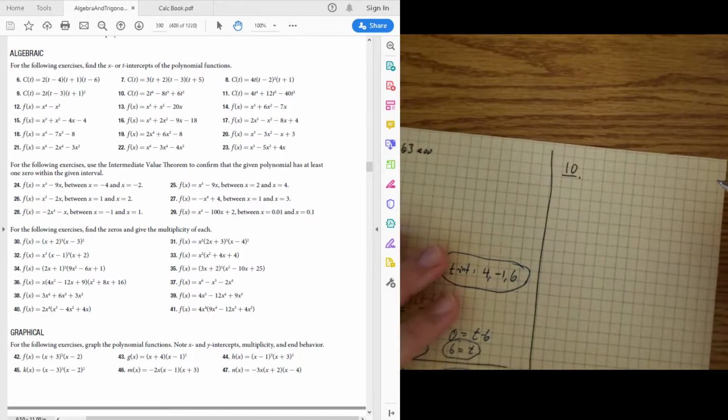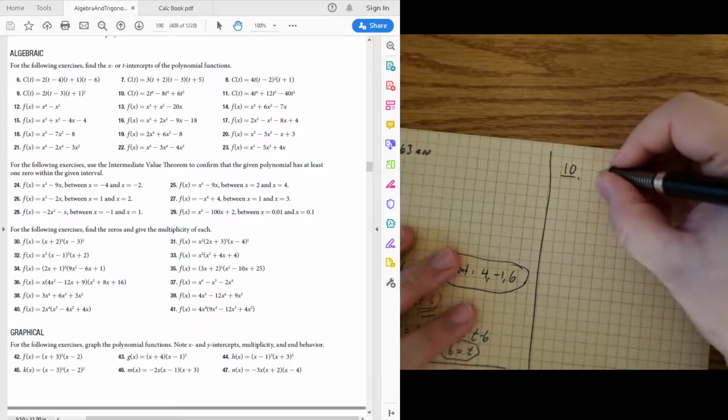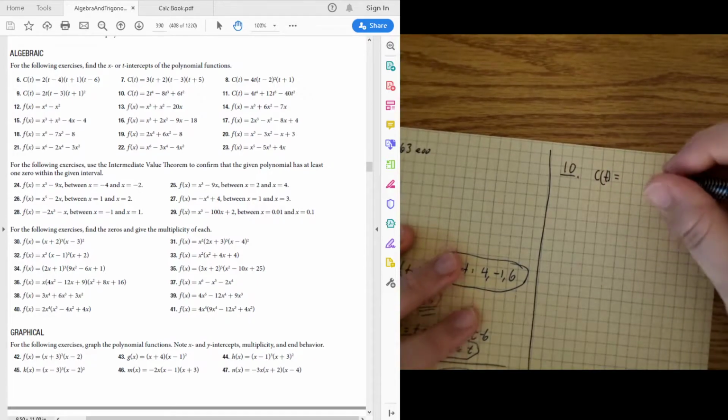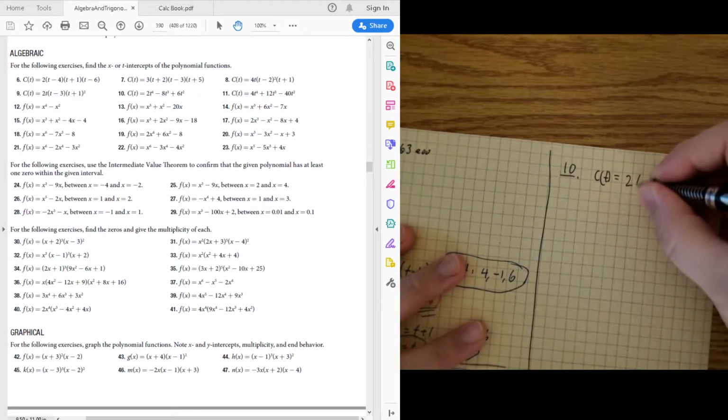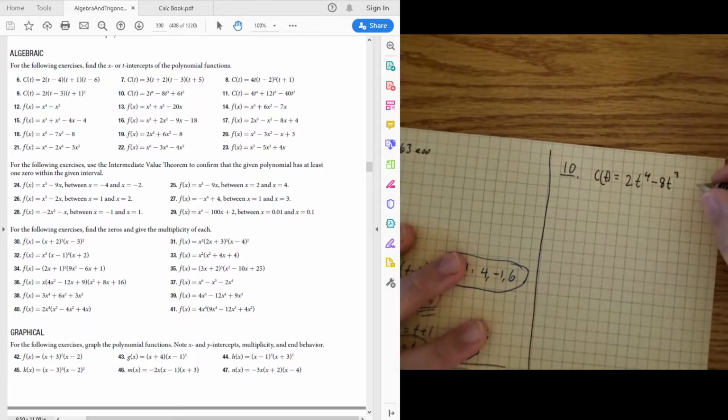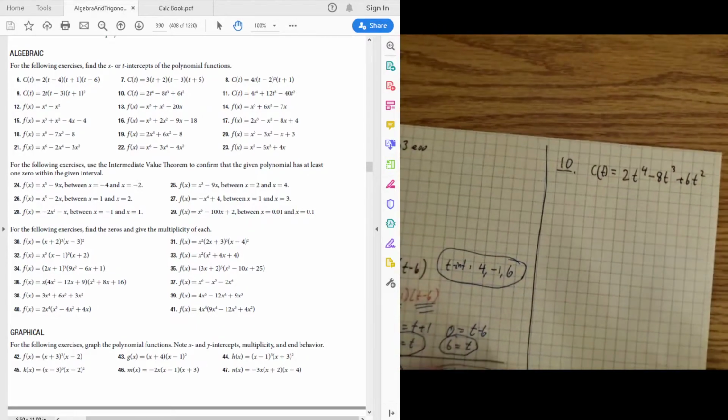Okay, number 10 states we have C of t is equal to 2t to the 4th minus 8t cubed plus 6t squared.